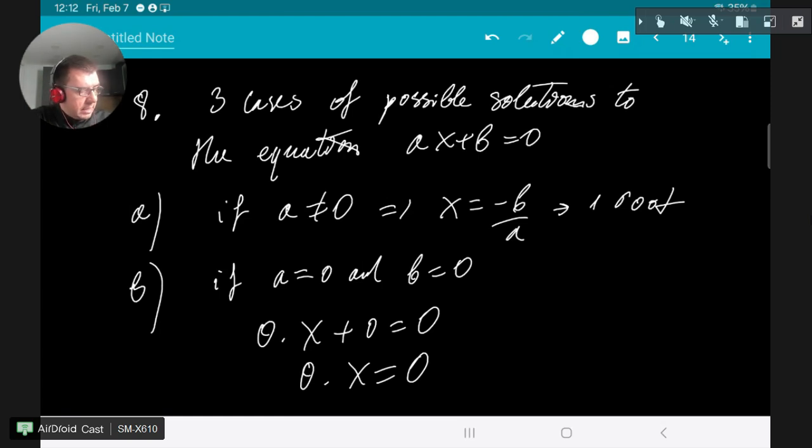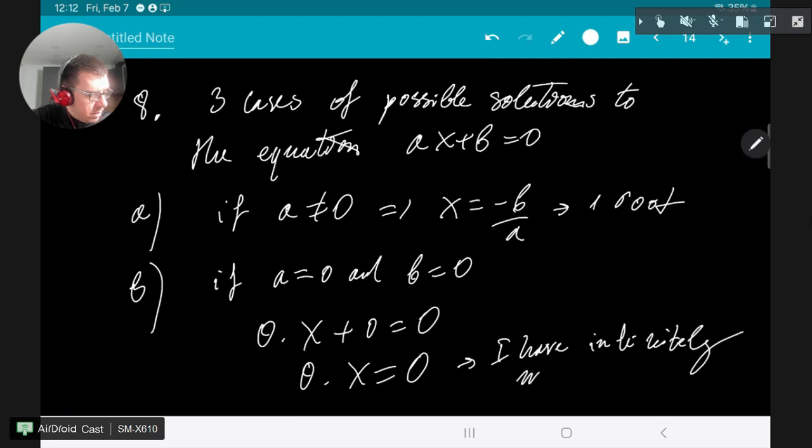So the answer here is I have infinitely many roots, and technically I write the answer as x belongs to Q, where Q is the set of rational numbers. That means every rational number will be a root to this equation, 0 times x equals 0.